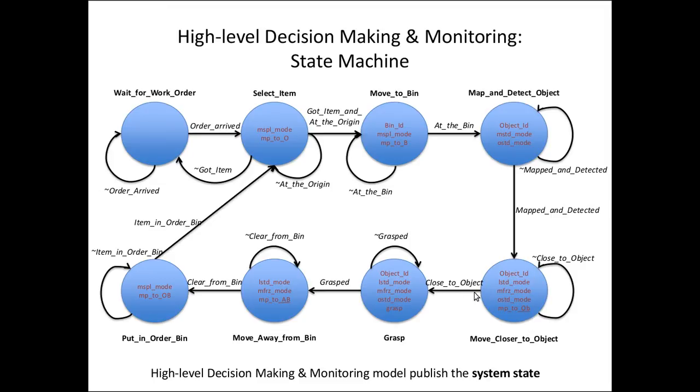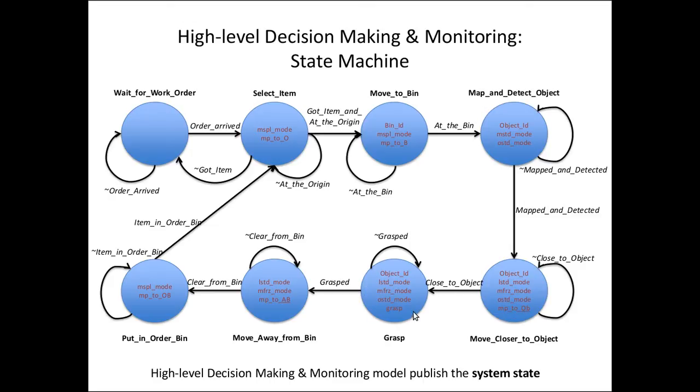And it's also important in this state to know where the object is, and so be able to move the arm precisely in front of the object, or a position that is appropriate for grasping.